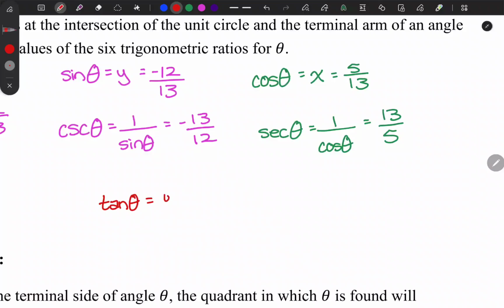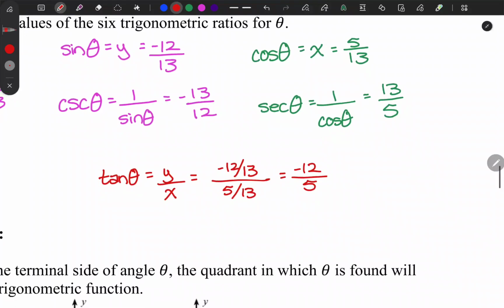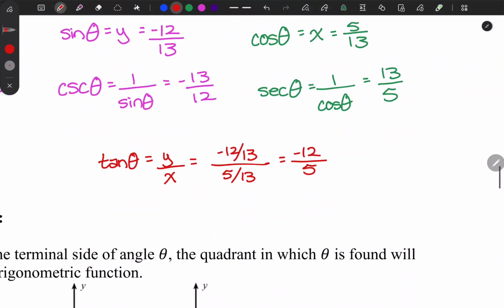Tan theta is equal to y over x. I'm going to do a fraction and a fraction, forgive me. So our y value is negative 12 over 13 divided by 5 over 13 for our x value. Negative 12 over 13 divided by 5 over 13 is going to be negative 12 over 5. So that is our reduced ratio for that one. And notice how I just leave it as an improper fraction.